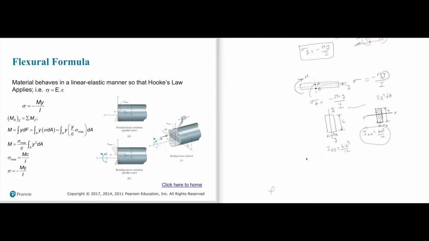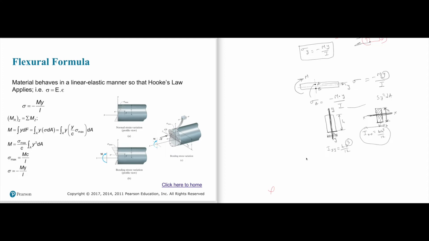So the cube is being applied to the dimension that is perpendicular to the axis of consideration. Isn't B here perpendicular to Y? That's why we have a cube on that. Isn't H here perpendicular to X? That's why there's a cube on H. So this is a common formula for rectangular shapes.